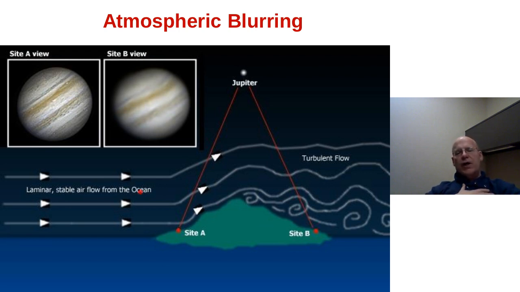One side we have nice flat air that's been going for thousands of miles, and we get this great image of Jupiter. But when that air starts to bounce around, it's kind of like looking at something in the bottom of a pool. It's hard enough anyway, but if people are splashing around, that image is going to shake around, and that's why we get this blurry image of Jupiter.